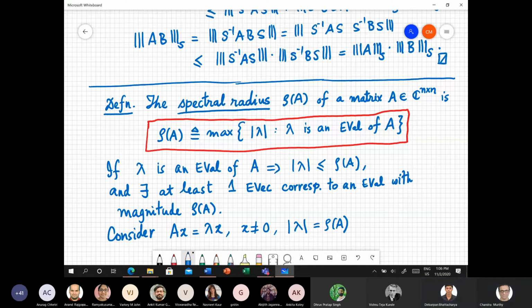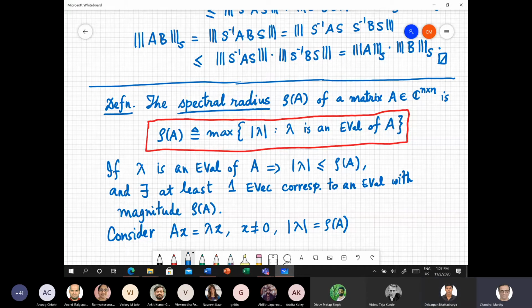So you made a statement, you said that rho of A is the maximum amplification that a vector can experience when it is multiplied by A. In other words, you're thinking that the vector x has a certain size or length. You measure it using a norm. So for some particular norm, the vector x has some value, and then you look at the norm of Ax and see how much bigger it is compared to the norm of x.